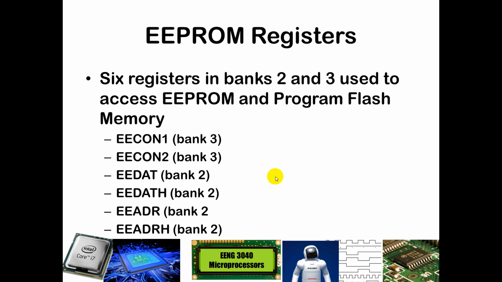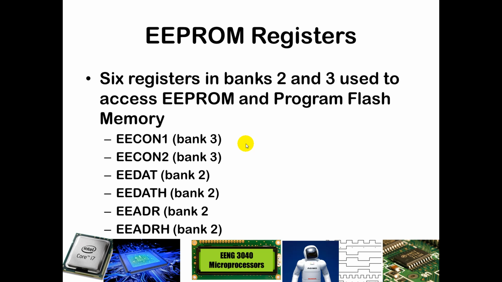There are actually several different registers that are associated with sending and receiving data to the EEPROM and also the program flash memory. And depending upon whether you're writing to EEPROM or the flash memory, you go through a very similar sequence, but it's a little bit different. EECON1 and EECON2 are your configuration registers there.